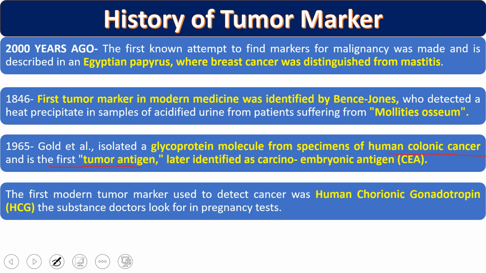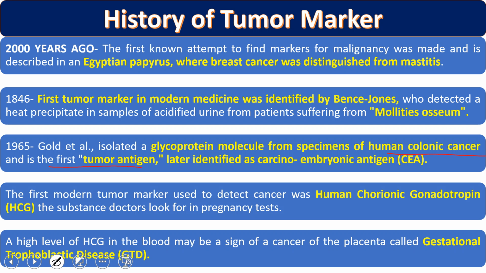Then the first modern tumor marker used for the detection of cancer was HCG, human chorionic gonadotropin hormone, the substance doctors normally look for in pregnancy tests. A high level of HCG in the blood may be a sign of cancer of the placenta called gestational trophoblastic disease (GTD).